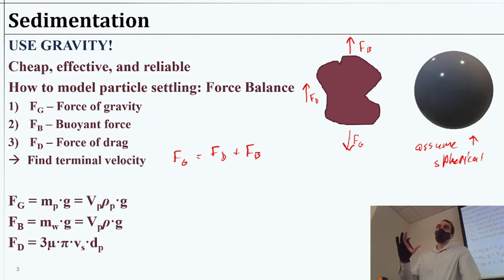So we can derive the mass in some sense. Or excuse me, the volume part of that is fairly easy. We can get something about the density as well, especially if we were to collect a bunch of the particles on a filter, we can get a bulk density for them. So getting that volume and that density gives us a reasonable representation of the mass.